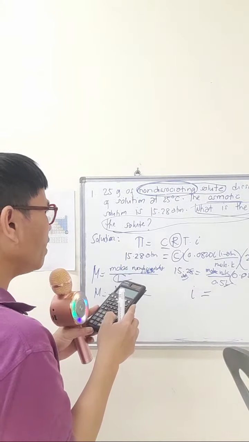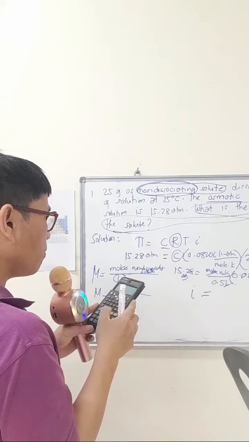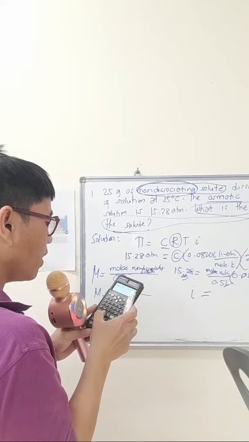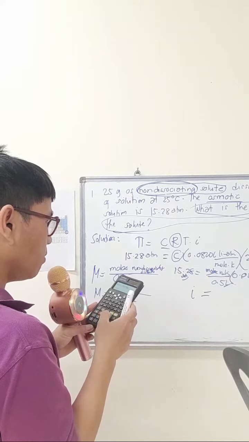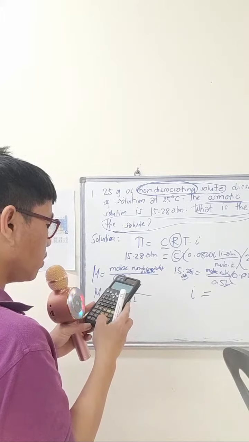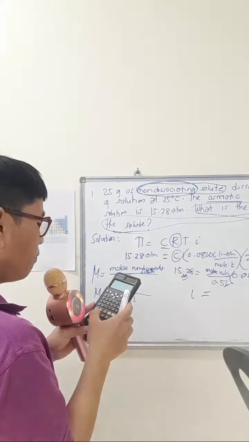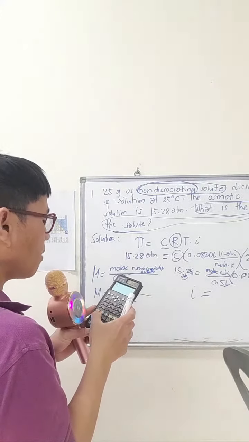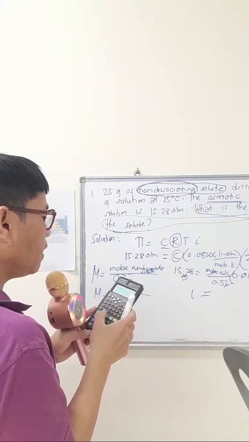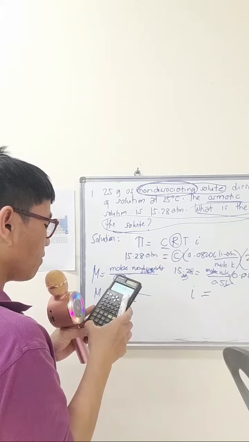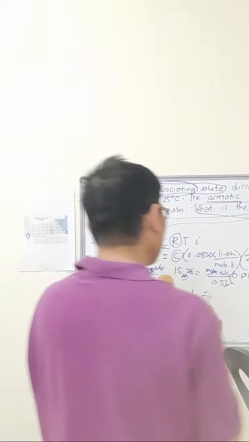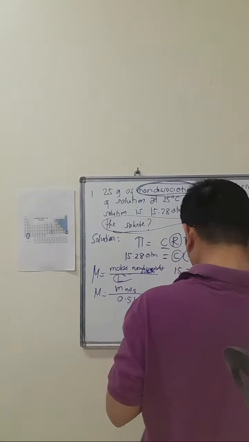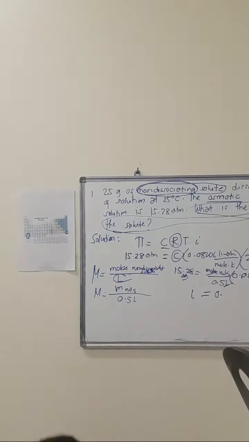Okay? 1 divided by 0.5 times 0.08206 times 298 is equal to 48.28... 15.28 divided by 48, 15.28, okay, divided by 49.8. Oh, so it's going to be just a point something. Okay, so it's a point something, guys.